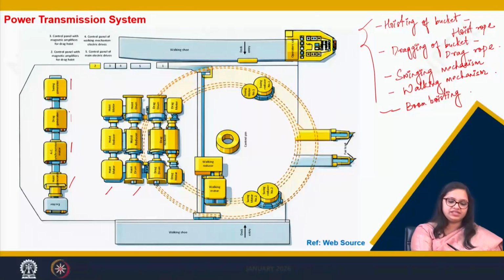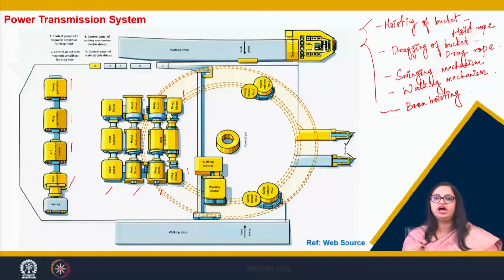This drag generator would be giving power to the drag motor that is here, which again gives power to the drag drum through the drag reducers. So, the hoisting of the bucket and dragging of the bucket, these two operations happen using these two motors.